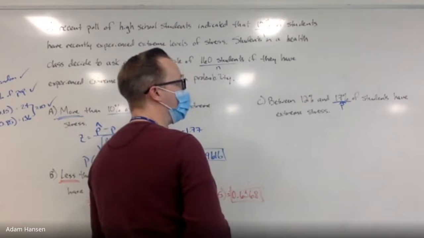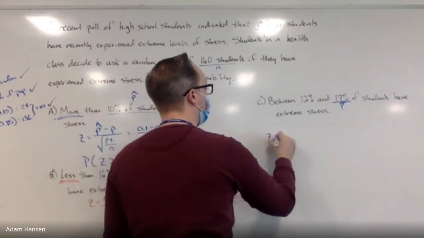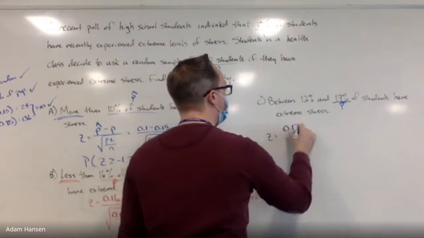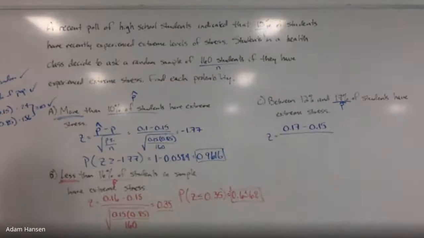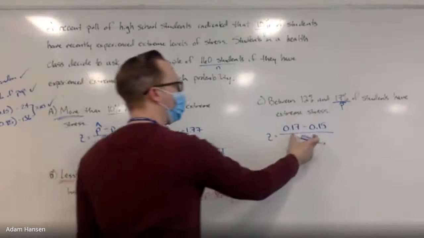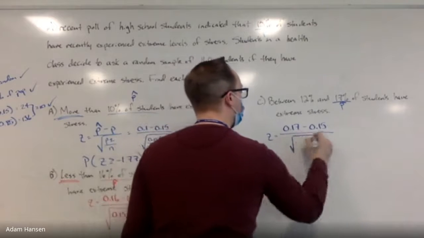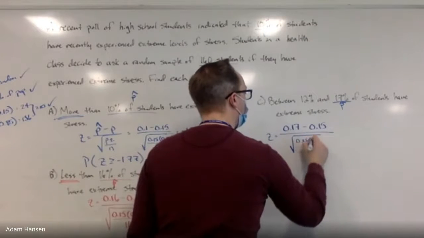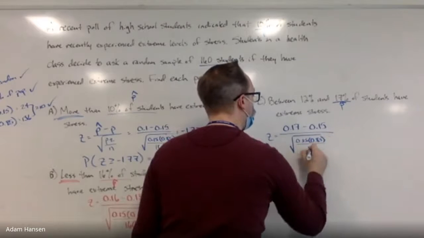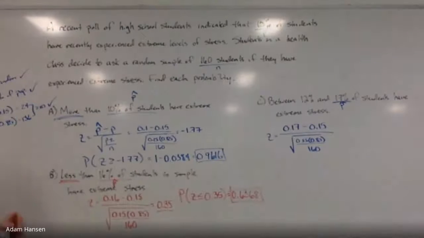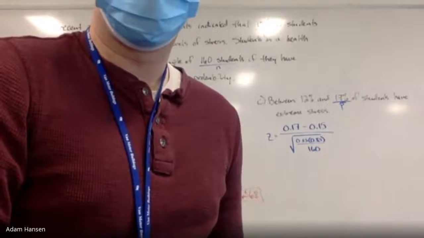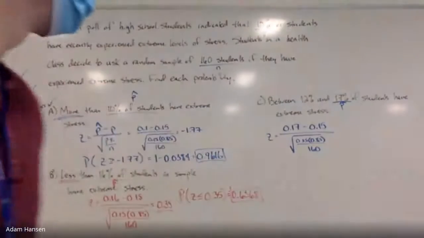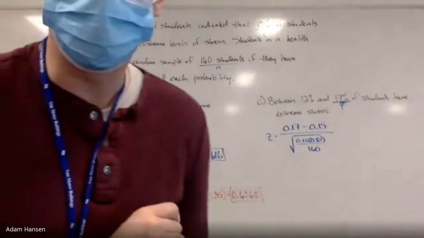Let's find the z-score for 17% of students having extreme stress. p hat minus p, 0.17 minus 0.15 this time, over the standard deviation, the difference from what you expect in terms of the standard deviation, which is the square root of 15% times 85% divided by 160. And that z-score was 0.71.